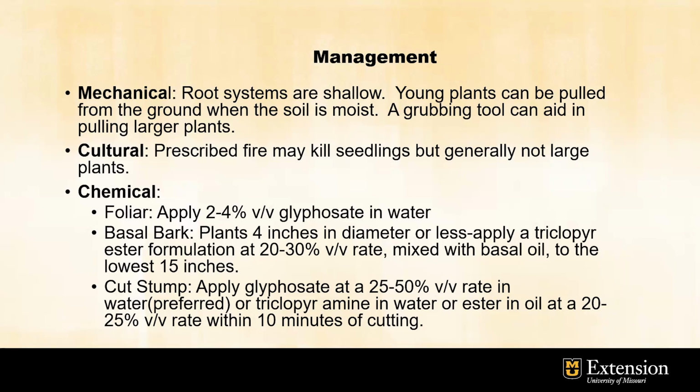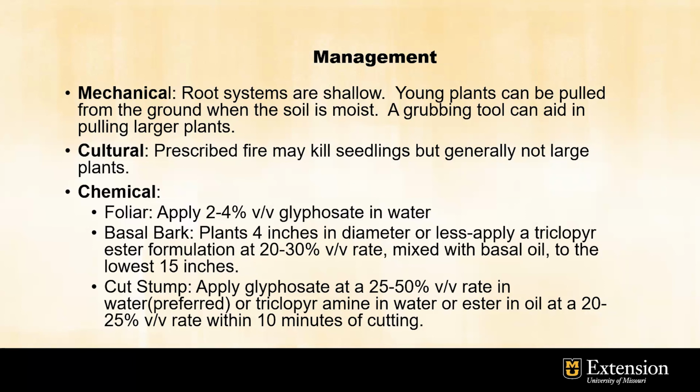For chemical control, the research is saying foliar applications have the tendency to be the most effective way of controlling the bush honeysuckle. Glyphosate or triclopyr are the active ingredients, herbicides that are the most effective when controlling this. We want to apply the foliar applications when the plant is leafed out.